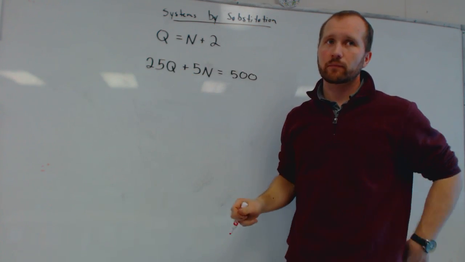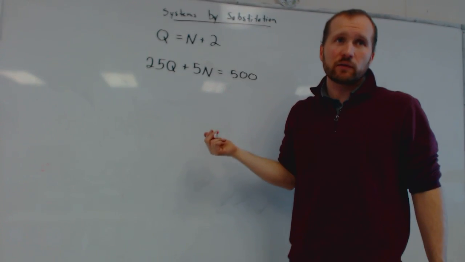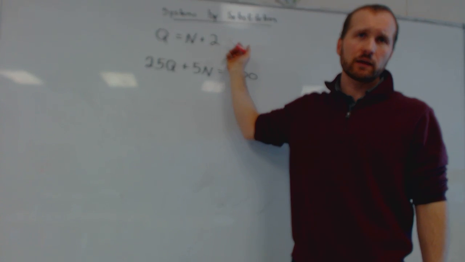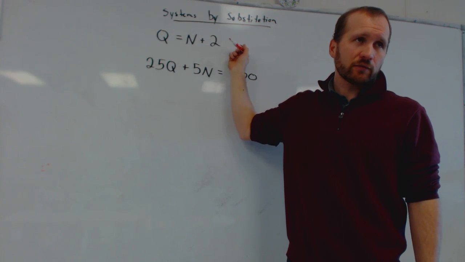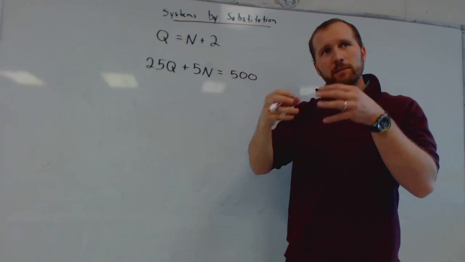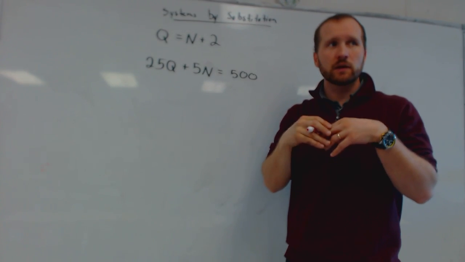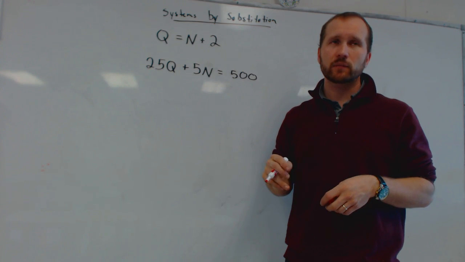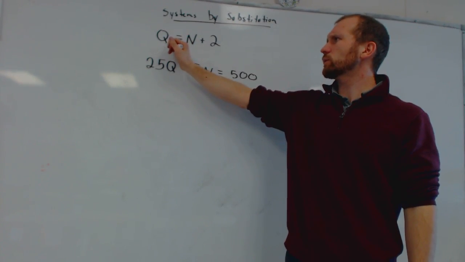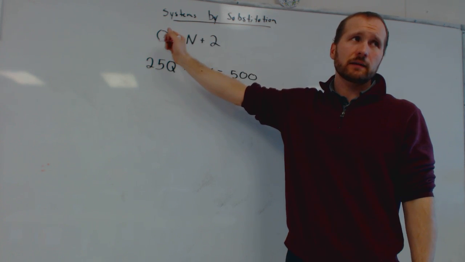Okay? I could do that, though, if I didn't. Like, if it said Q plus N equals something, I could subtract N from both sides to isolate Q if I wanted to. So I can manipulate the equations if I need to. You're not going to have to do that yet. Okay? So for now, all we're doing is finding the equation where the variable is alone on one side.